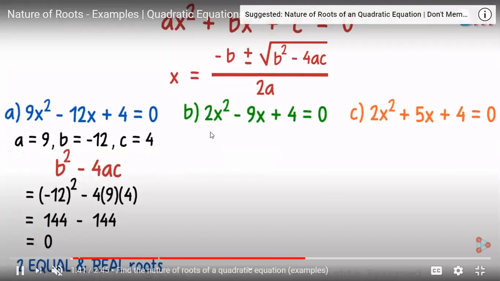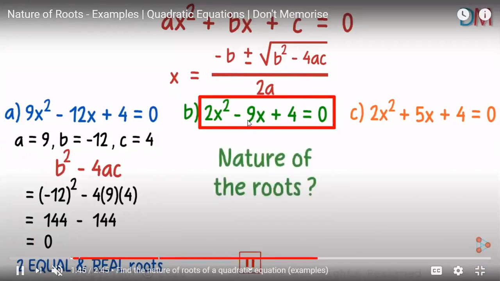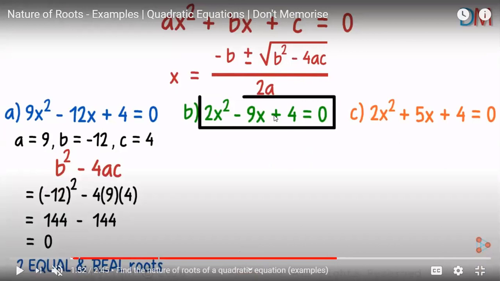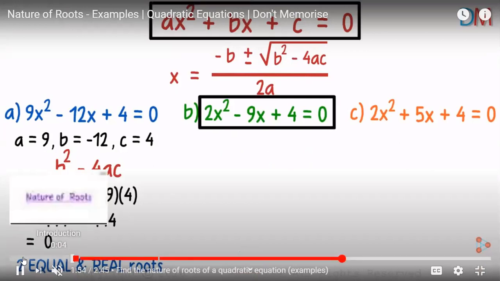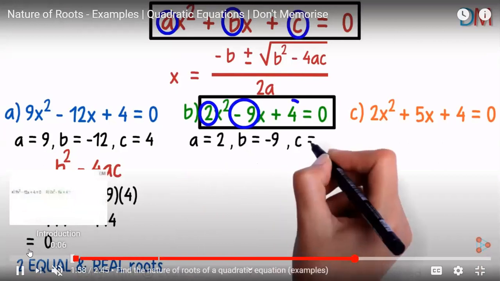Now in the second equation, check the second equation: 2x square minus 9x plus 4 equals to 0. What is the nature of root? Now solve it and check it. The nature of root, b square minus 4ac. In this equation, what is the value of a, b and c? a is equal to 2, b is equal to minus 9, c equals to 4.